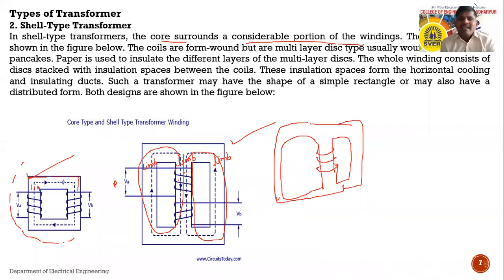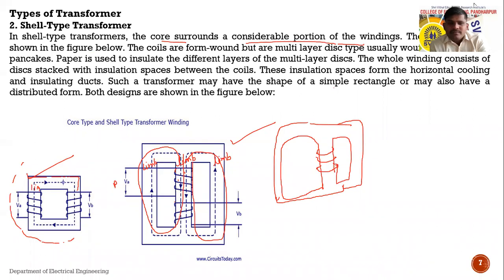हा main difference आहे. Second difference is that in case of core type transformer, the primary winding will be wound on one limb, and the secondary winding will be wound on the second limb. In case of shell type transformer, both the primary winding and secondary winding will be wound on the same limb. बरोबर? लक्षात येते?